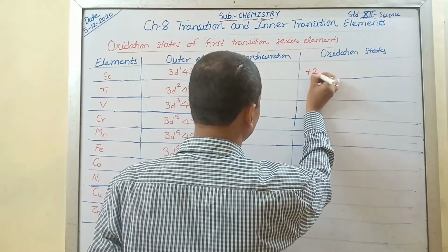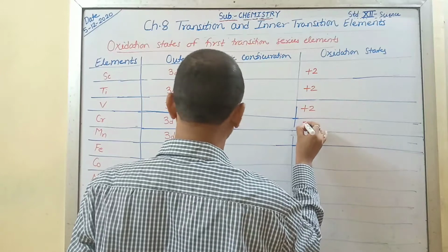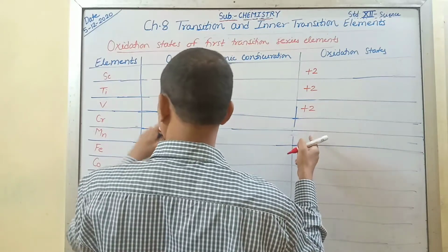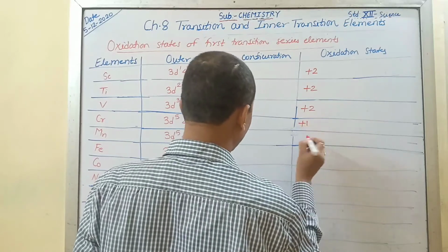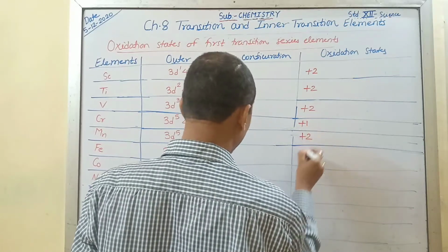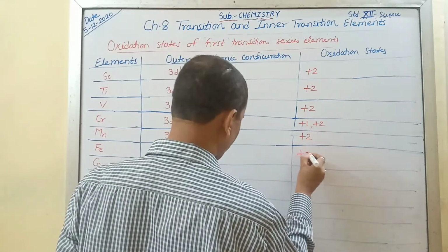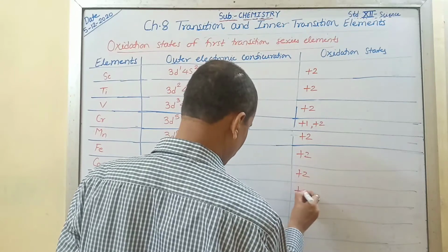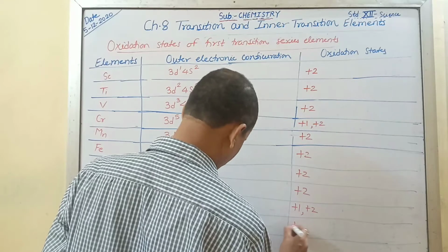Here +2, +2, +2. For chromium it must be +1, +2 is common. I will explain afterwards. Here +2, +2, +2, +1, +2, +2.